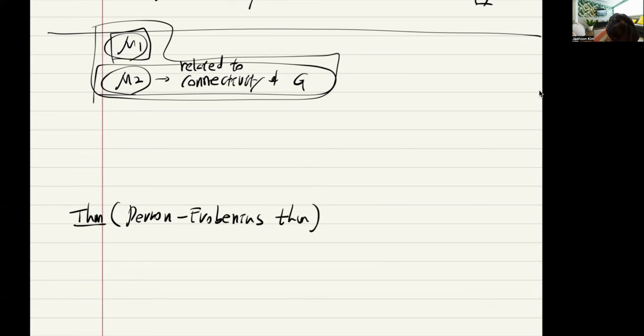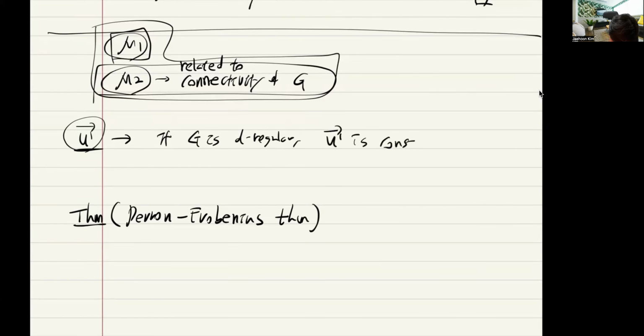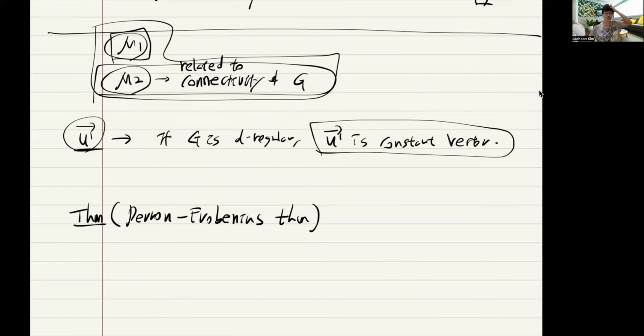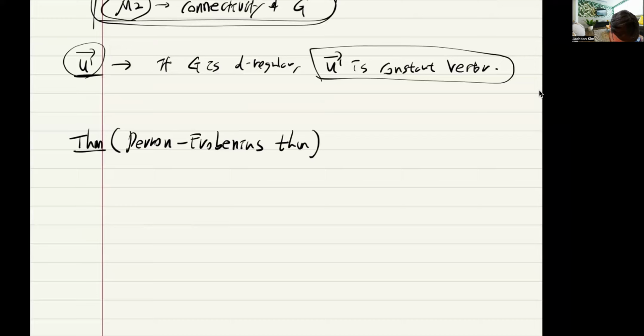It is also useful to get something about the eigenvector for the largest eigenvalue. If G is regular, then it's easy to see that this is a constant vector. The largest eigenvector is constant. But otherwise, it may not be constant, but in some cases, it's good to have some information about this vector, and that's provided by the following Perron-Frobenius theorem.